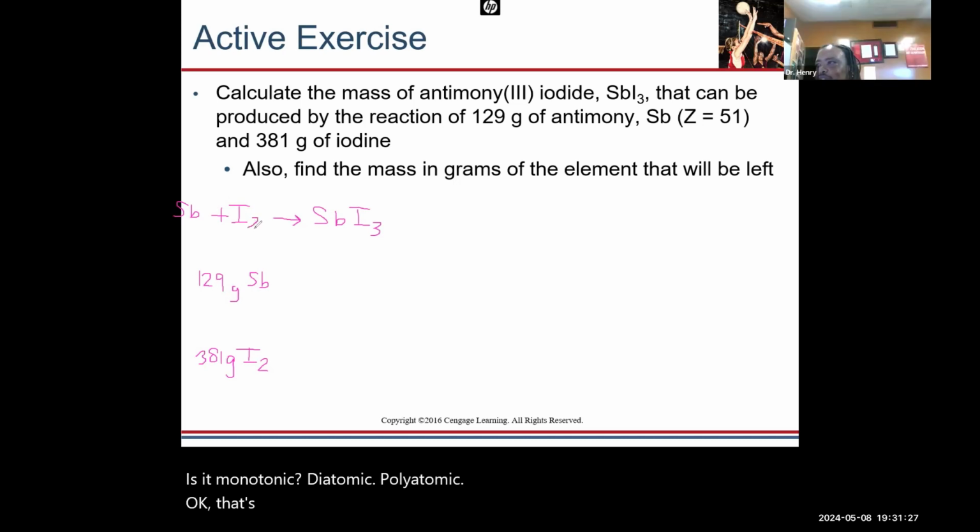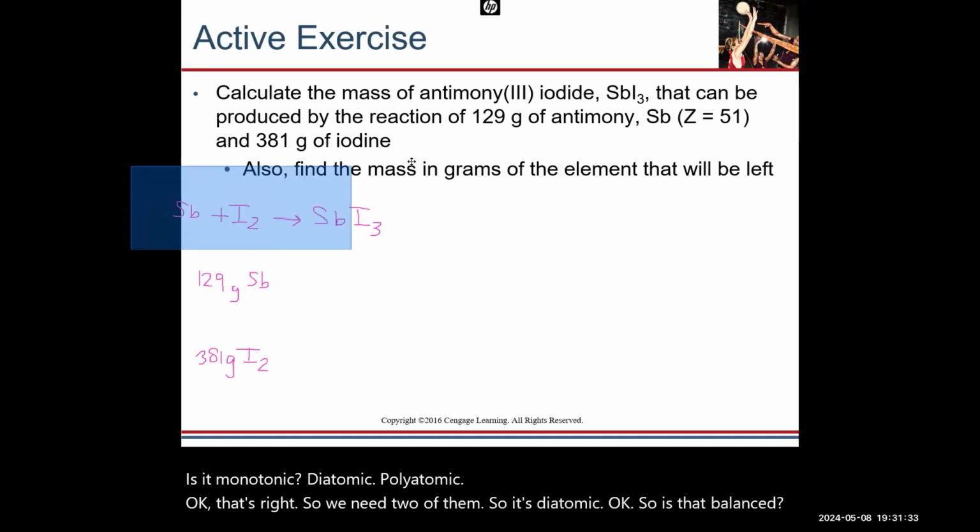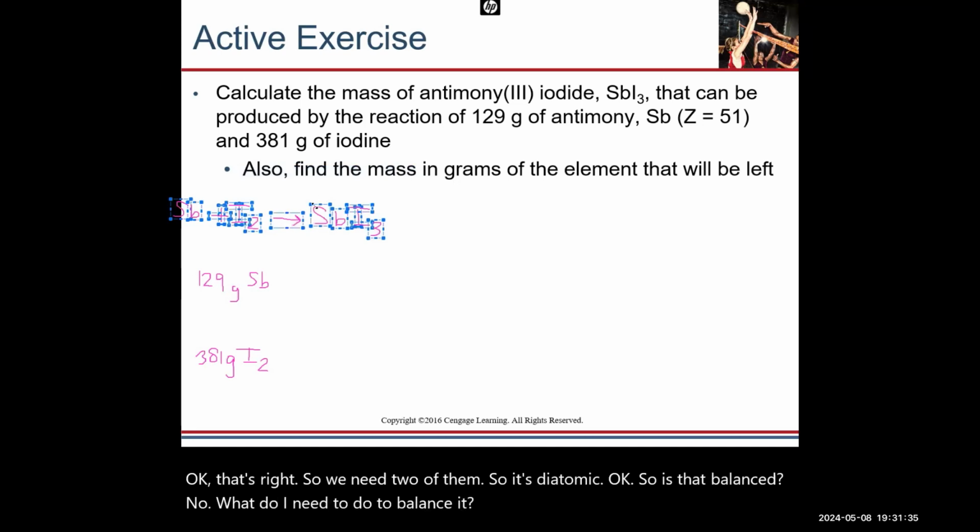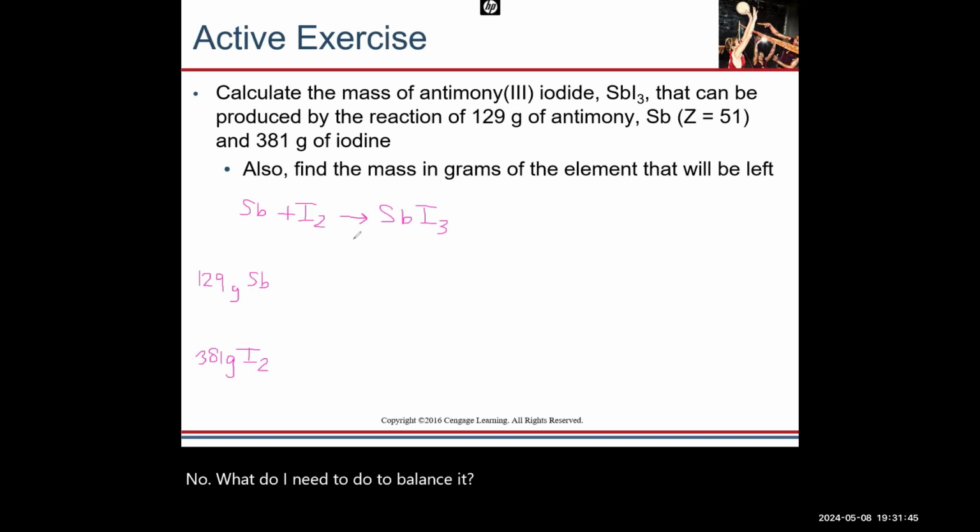So we need two of them. So it's diatomic. Okay, so is that balanced? No. What do I need to do to balance it? We could put... let me think. So we've got one Sb on each side, two iodine on the left on the reactant side, and three on the product side.